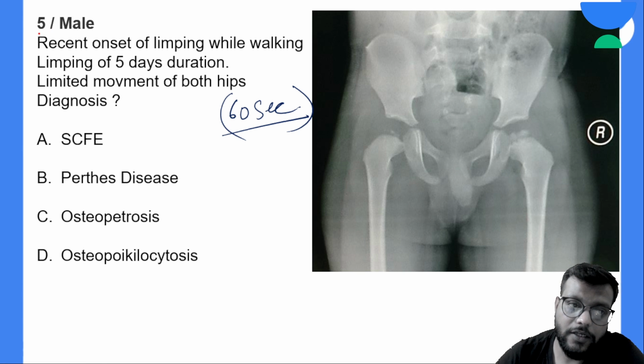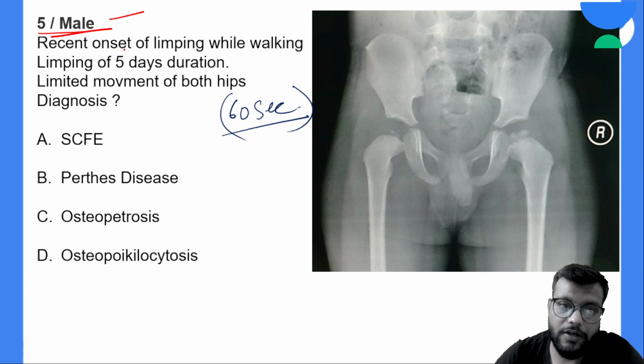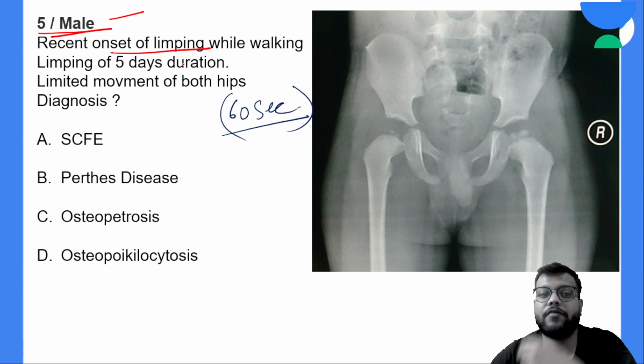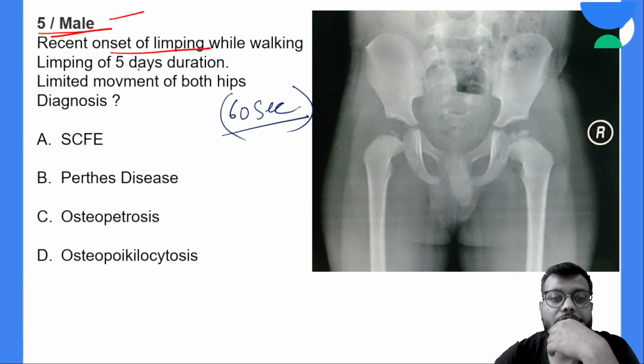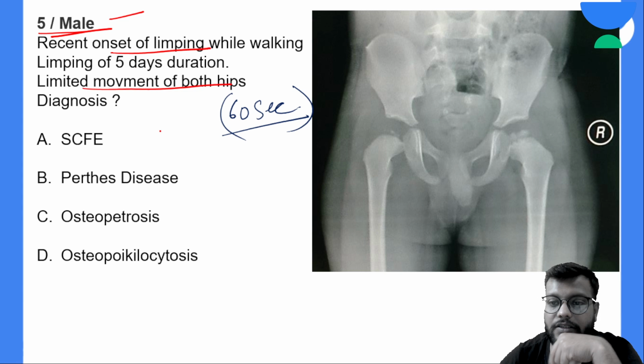Okay, so there is a 5-year-old male, recent onset of limping while walking, limping of 5 days duration only, limited movement of both hips, x-rays and diagnosis.